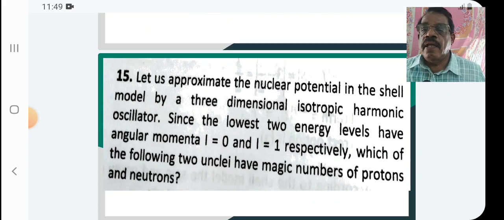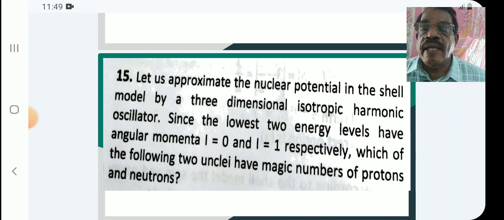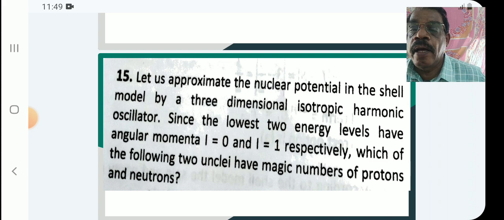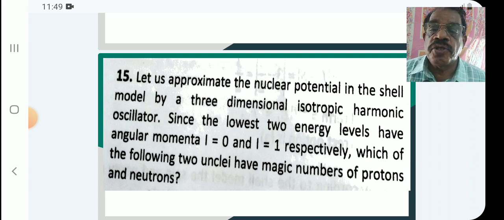Next question, let us approximate the nuclear potential in the shell model by a three-dimensional isotropic harmonic oscillator, since the lowest two energy levels have angular momentum quantum number L is equal to 0 and L is equal to 1 respectively.